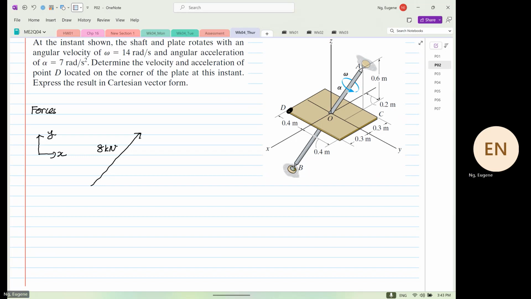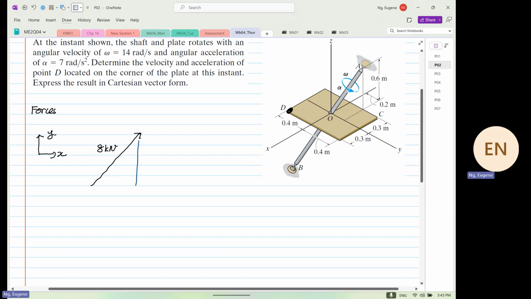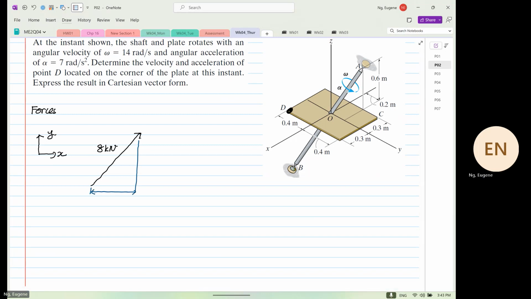Given the distances, the orientation is based on geometry. The distance from here to here is, for example, 6. The distance from here to here, just for example, is 10.